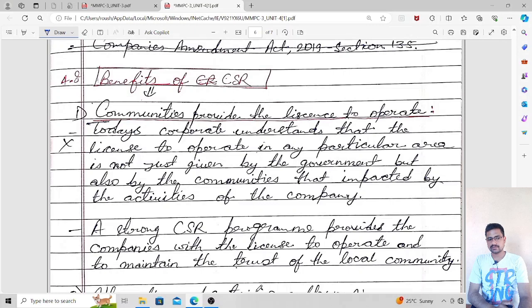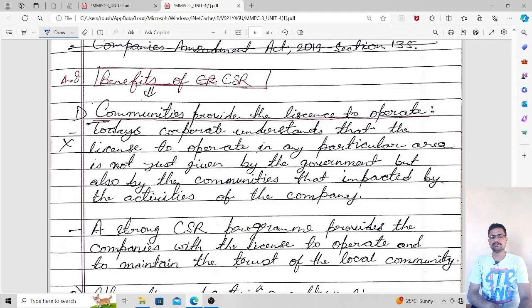Today's corporates understand that the license to operate in any particular area is not just given by the government. Not only the government, but also the communities impacted by the activities of the company give the license to operate. If the activities of the company impact the people living nearby, those people may become against that company.